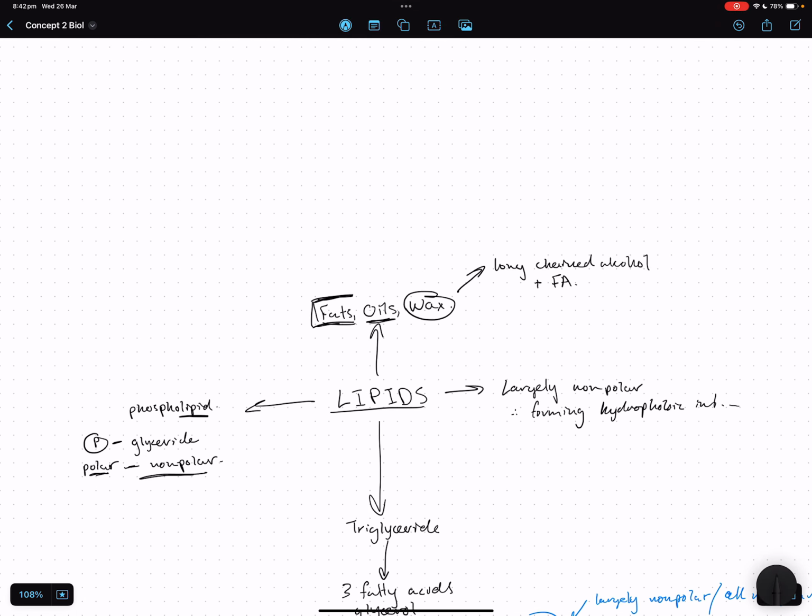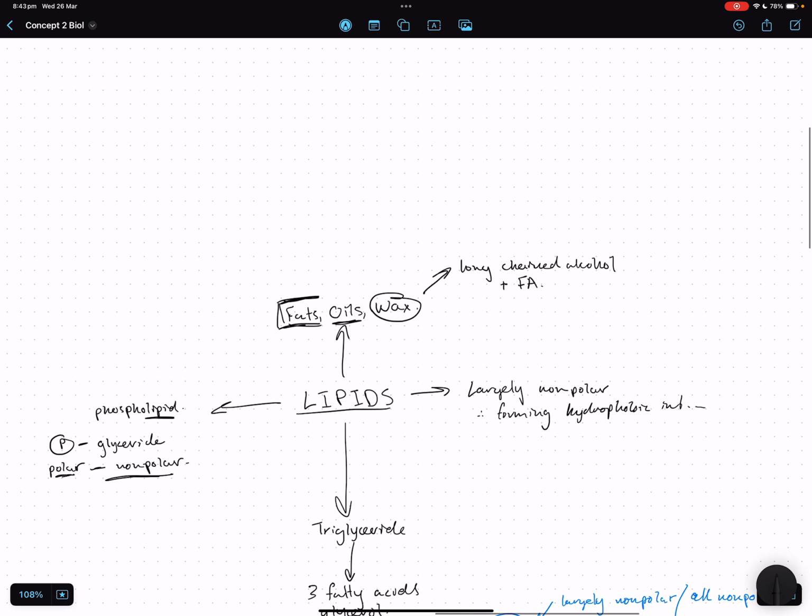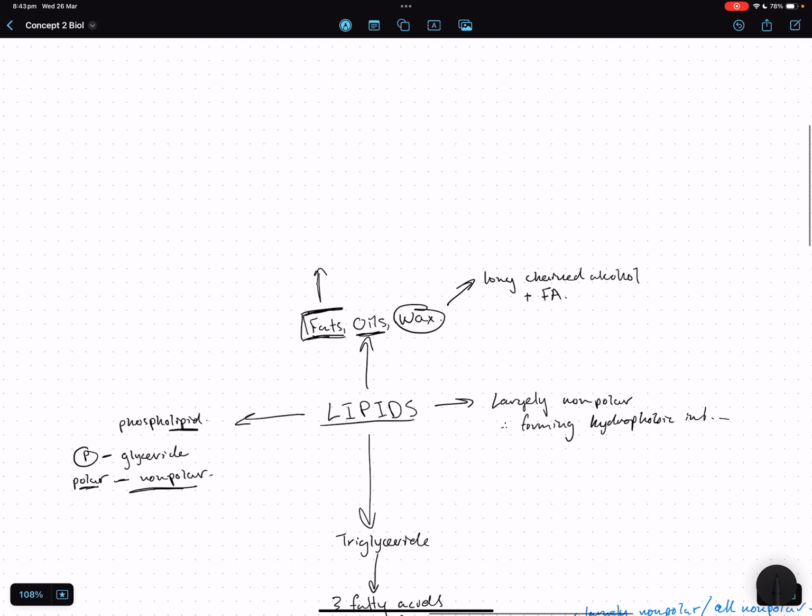Oils are just like fats, basically. The difference is pretty small: fats are solid at room temperature, and oils are not. So I'll write that: solid at room temp and liquid at room temp.